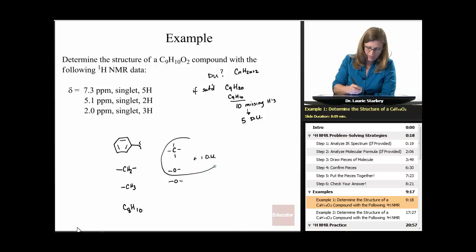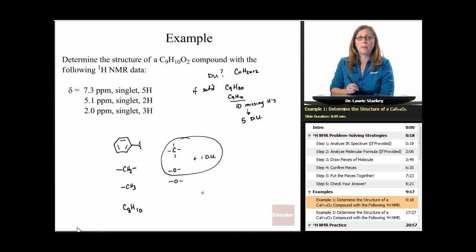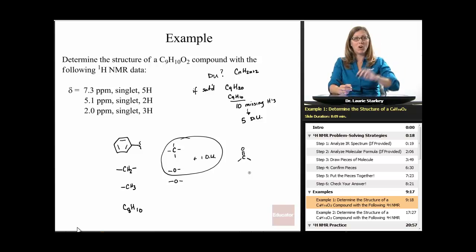There's actually a very nice functional group we can imagine that takes care of all 3 of those. What is a way to have a carbon and an oxygen with a degree of unsaturation? How about a carbonyl? A carbonyl would very nicely account for all 3 of those pieces in one nice functional group.